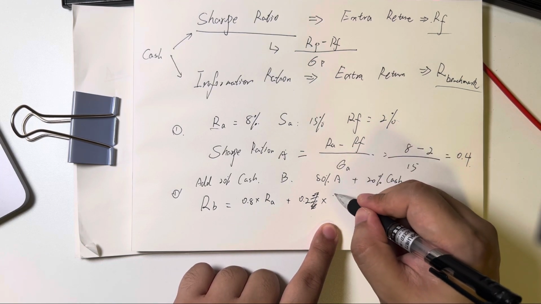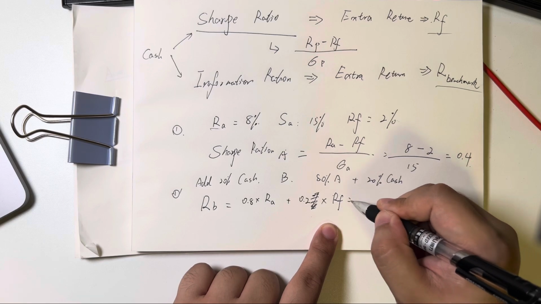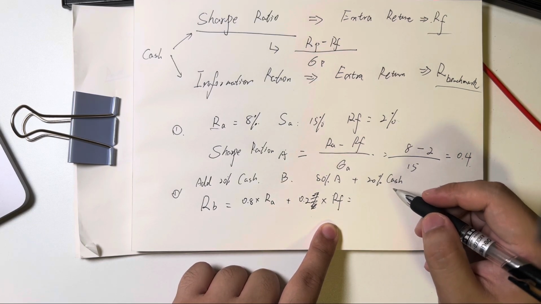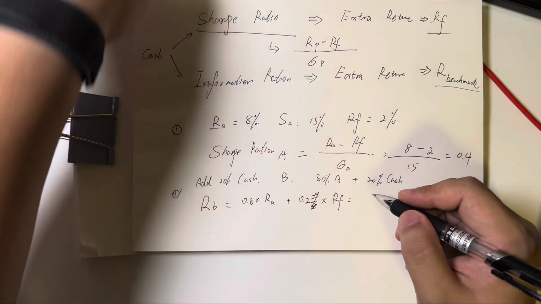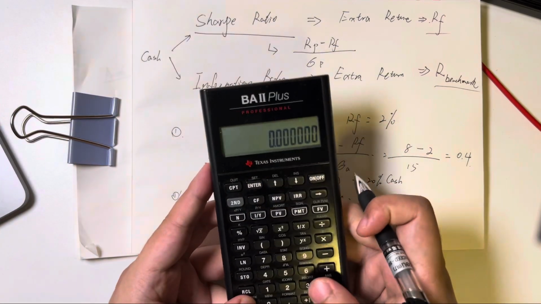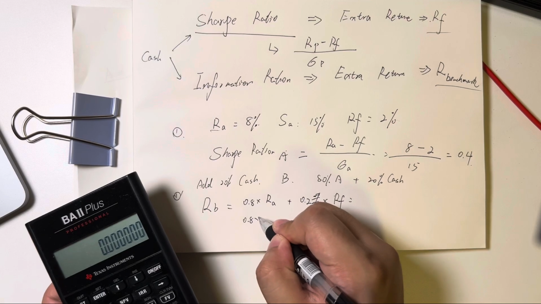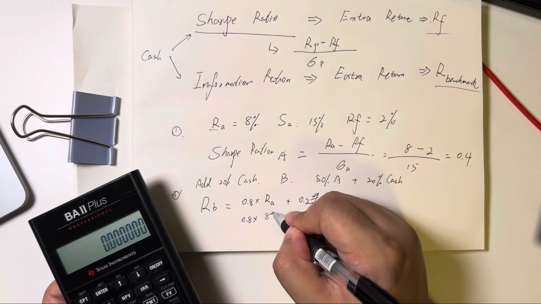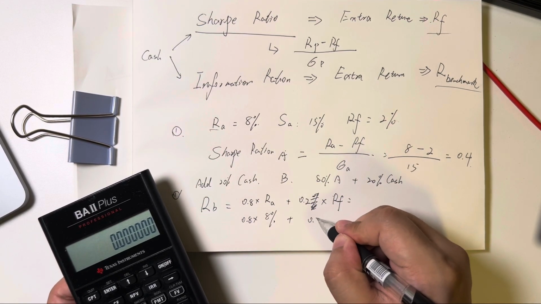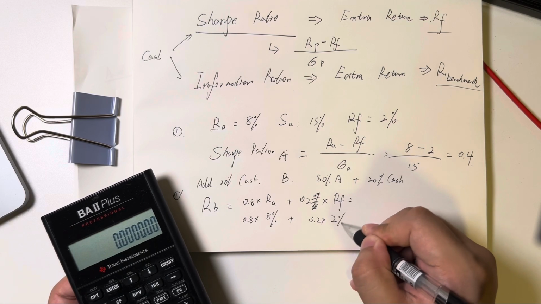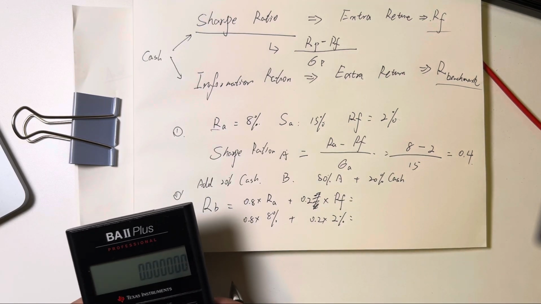Let's do the quick calculation here: 0.8 multiplied by 8% plus 0.2 multiplied by 2%.